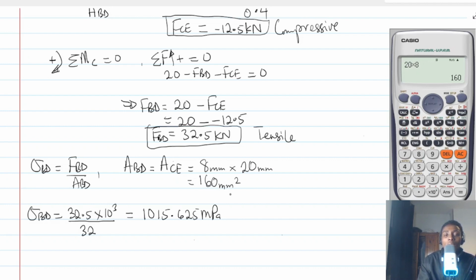However, it's actually ABD, so we multiply the area we got here by 2: 160 multiplied by 2 gives us 320 millimeters squared.